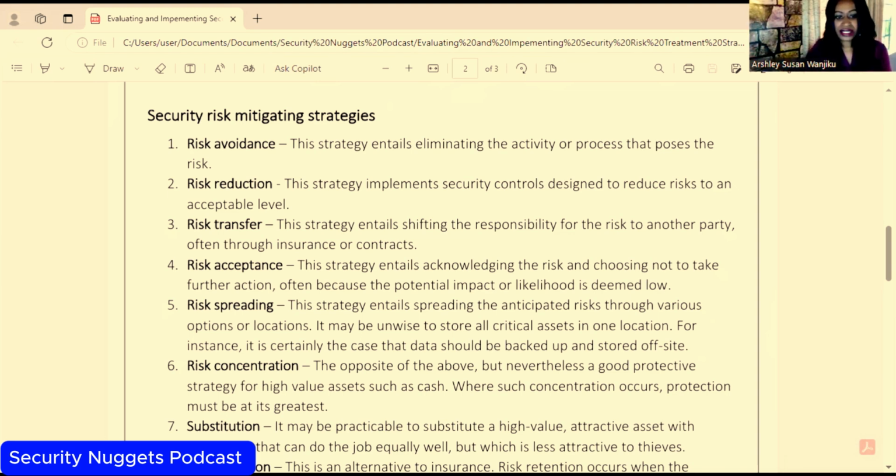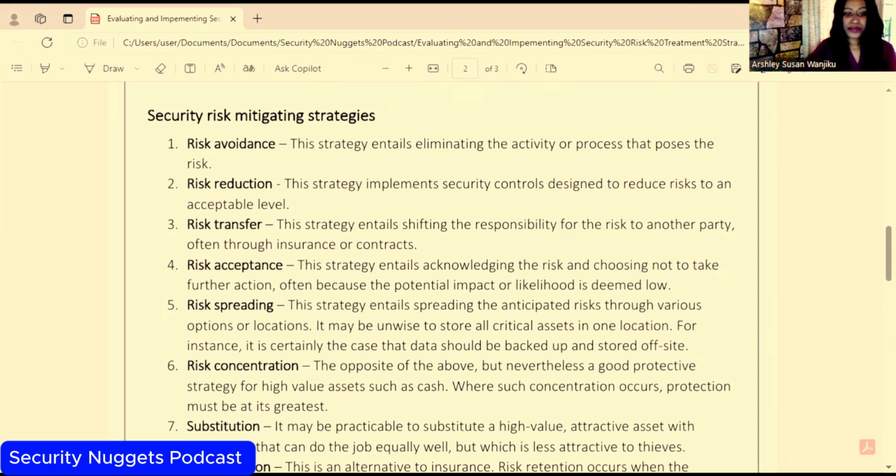Now, risk reduction is the second strategy. This strategy implements security controls designed to reduce risks to an acceptable level.